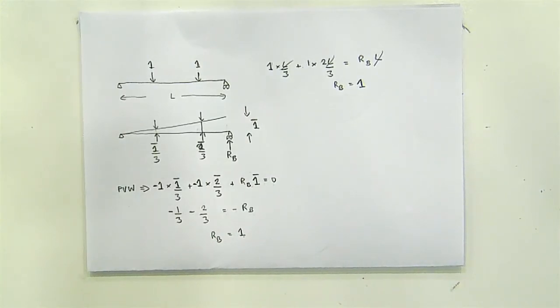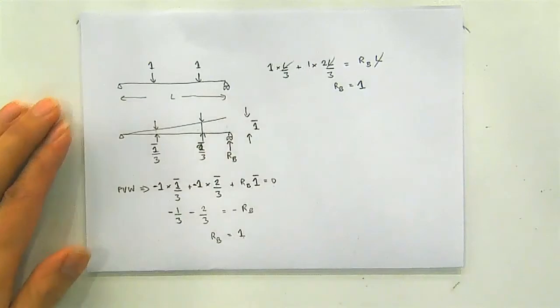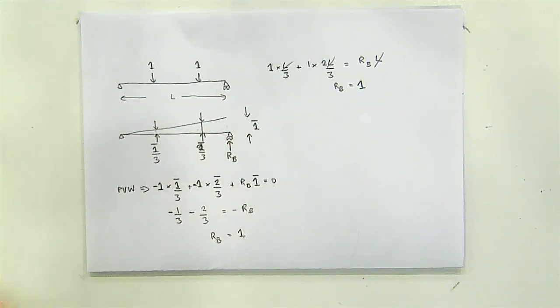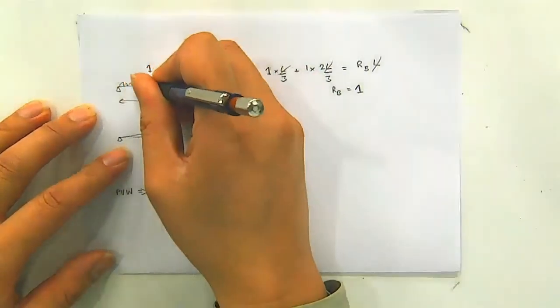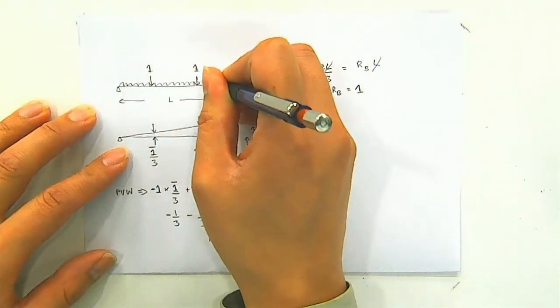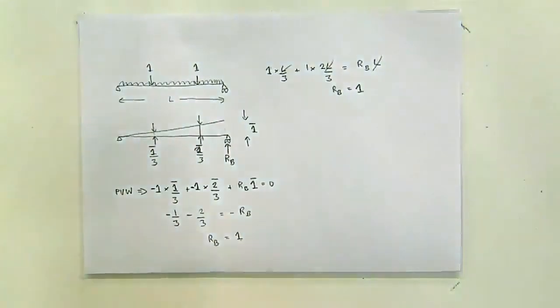Okay, so we can see that this theorem does work, and we can probably extend the theorem further to say from 2-point loads you could try it for a UDL, for example, and it will still work.